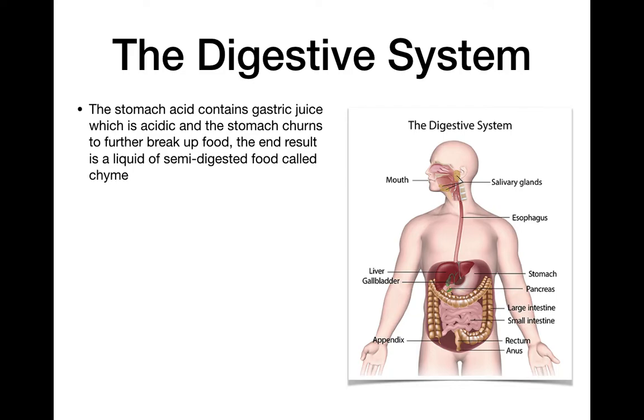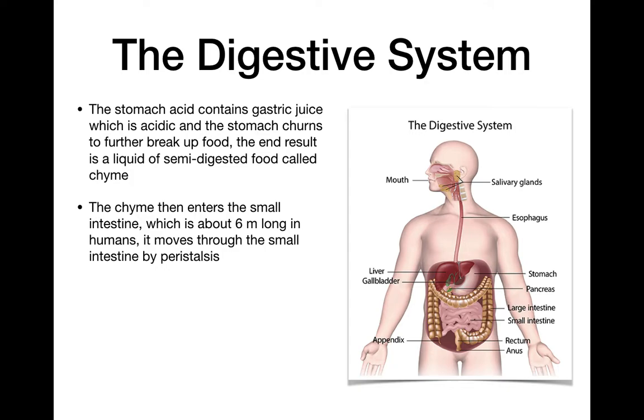It's muscular and it churns and moves around to help further mechanically break down the food. And it produces this really liquidy mess, a mix of food that's partially digested, and that's called chyme. So chyme is the name for this product that comes out of your stomach that's partially digested but definitely not completely digested yet, very much more liquidy than the bolus you initially swallowed.